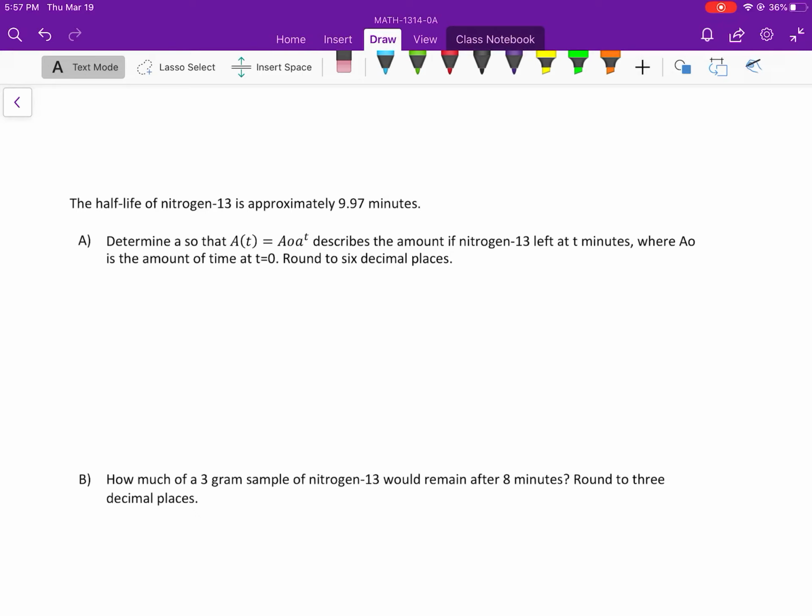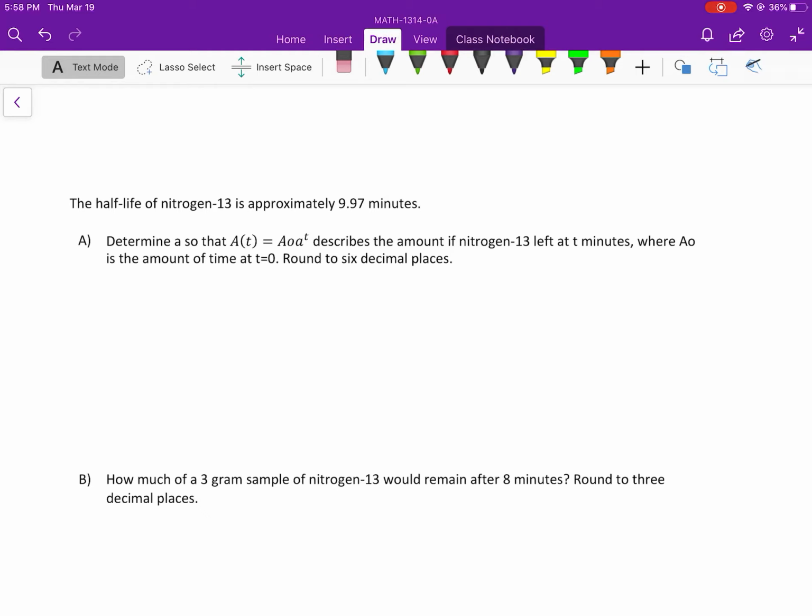All right, now, this really pertains also to the signature assignment. So your signature assignment is very similar here. We see the half-life of nitrogen-13 is approximately 9.97 minutes.